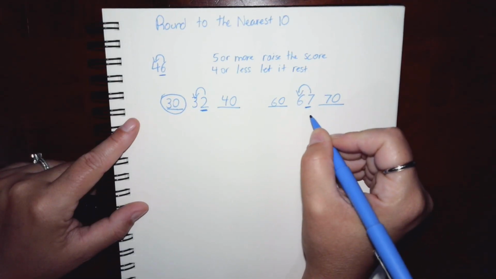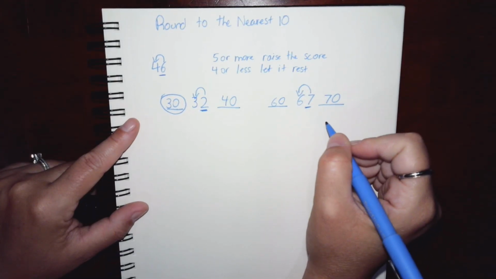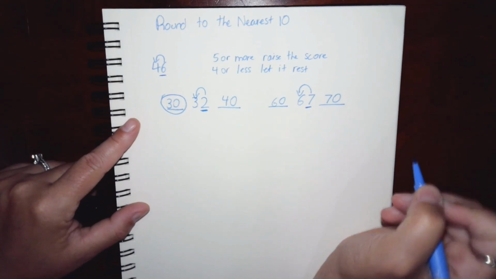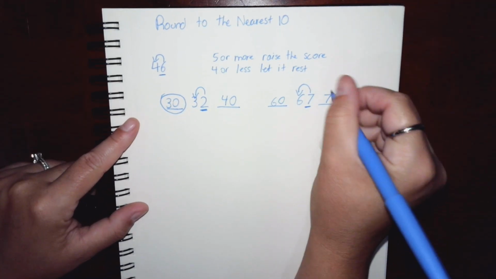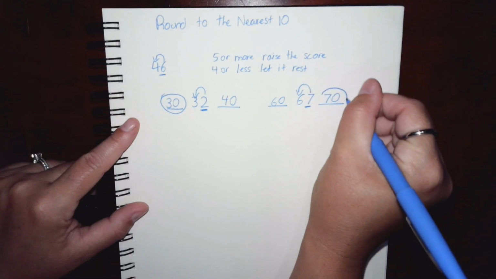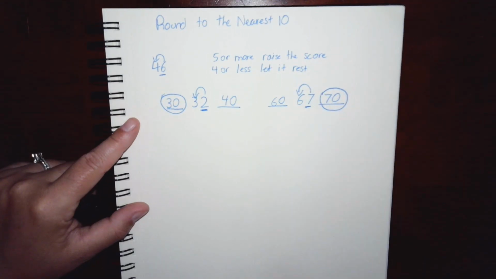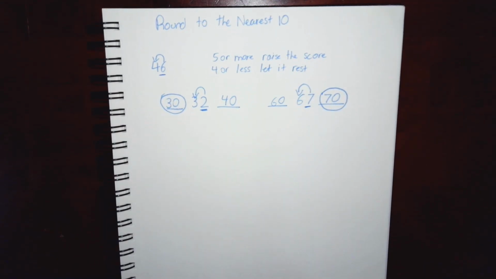So if I'm at a 7, the decade that I'm closer to, is it 60 or 70? Which way am I going to round? I'm going to round up to 70 because 7 is 5 or more. And 67, if on the number line, would be closer to 70 rather than 60.